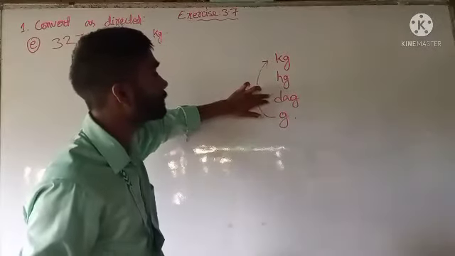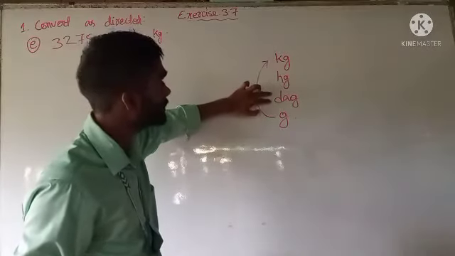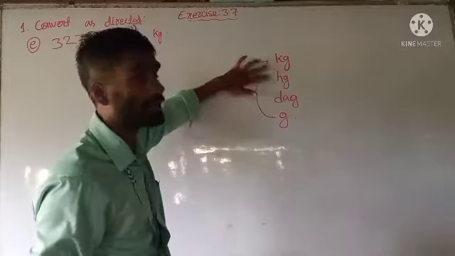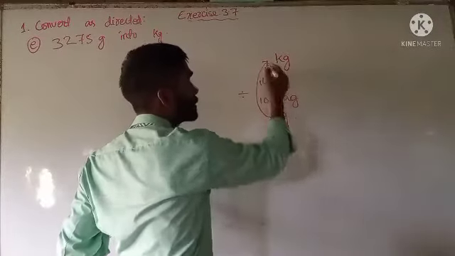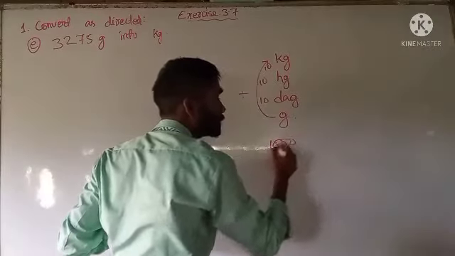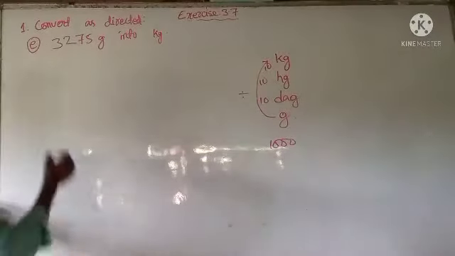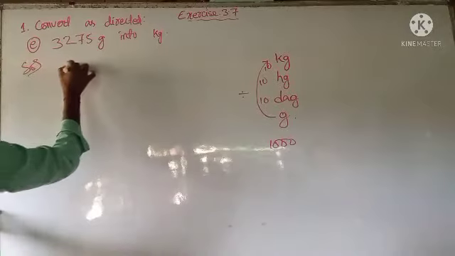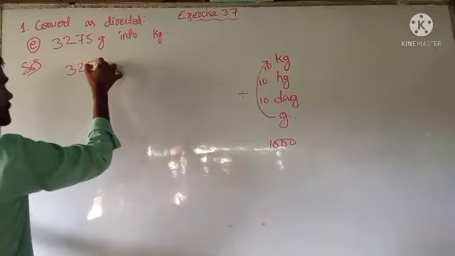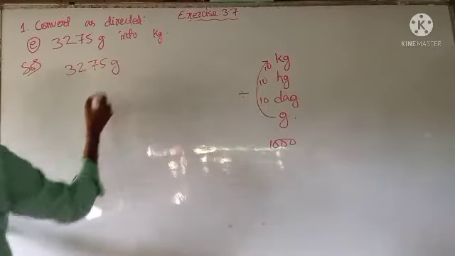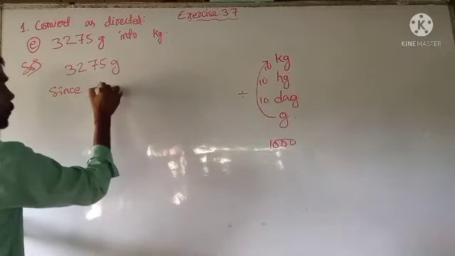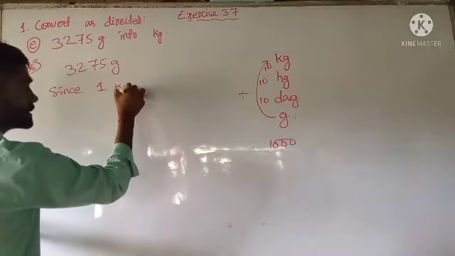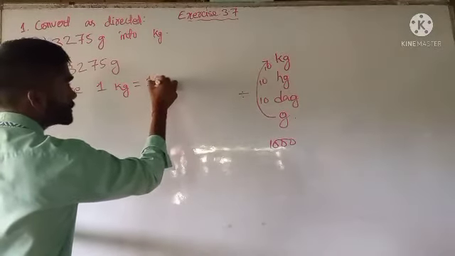For each unit we are dividing by 10. So here 10, here also 10, here also 10. So we'll come across 1000. We need to divide it by 1000. So what we'll do here is, 3275 gram. Now we'll write here, since 1 kg is equal to 1000 gram.